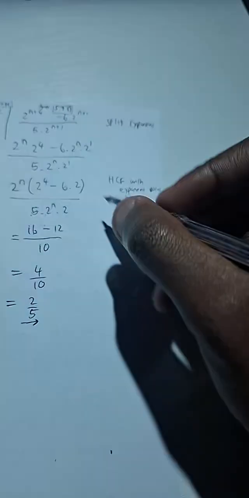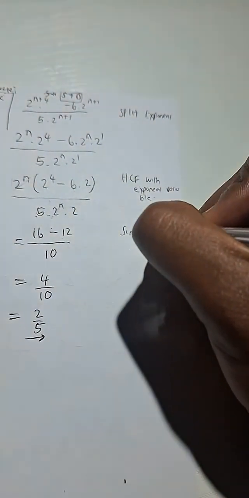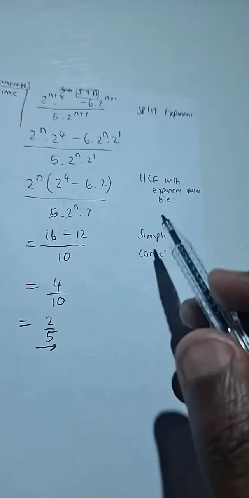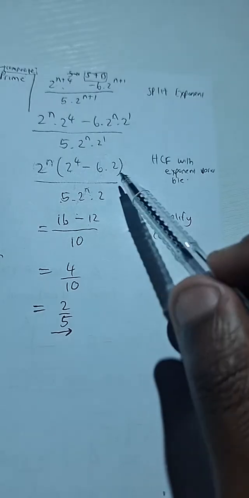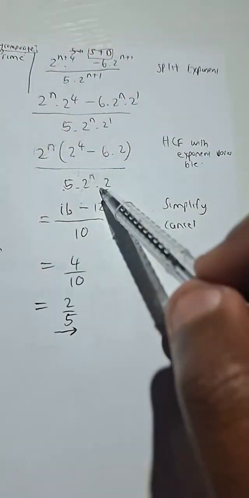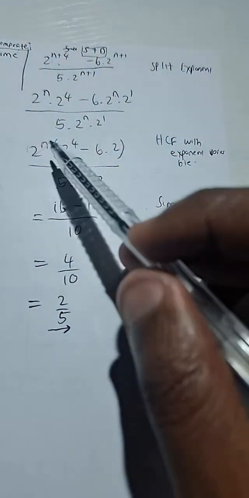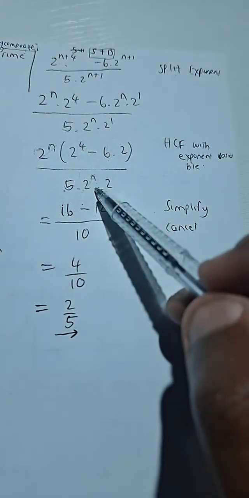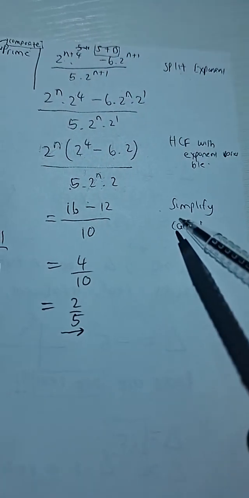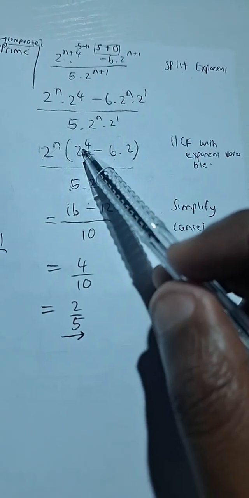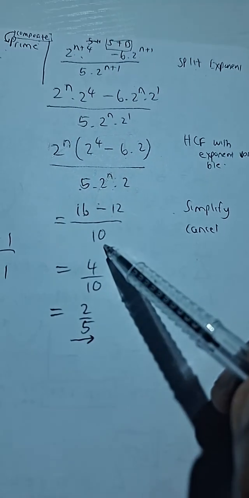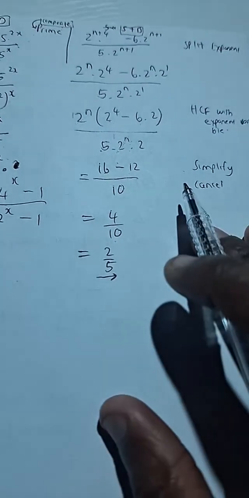Then we simplify, we cancel. If there is a common numerator and denominator, we cancel. We don't cancel across an addition, but we can cancel because we are multiplying. There's a relationship of multiply with this 2 to the power n and this 2 to the power n with everything else, either in the numerator or the denominator. Then we simplify. 2 to the power 4 is 16, 6 times 2 is 12, over 5 times 2, which is 10. We simplify, we get the answer.